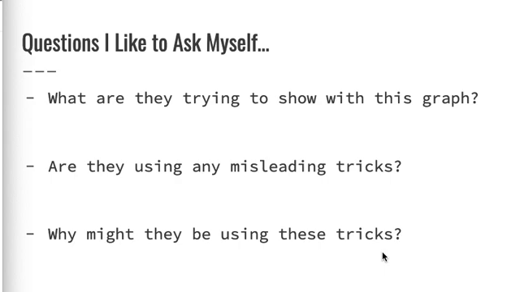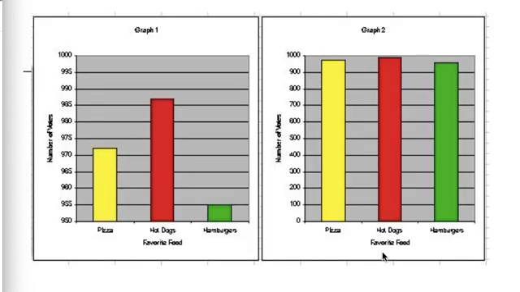And then I always like to think about why they might be trying to use these tricks. Normally it's because they want to prove their point, but what is their point and why are they trying to say that? So those are the 3 questions I find are helpful to revisit every time you are looking at a graph. So I've got some different ones here to show you.